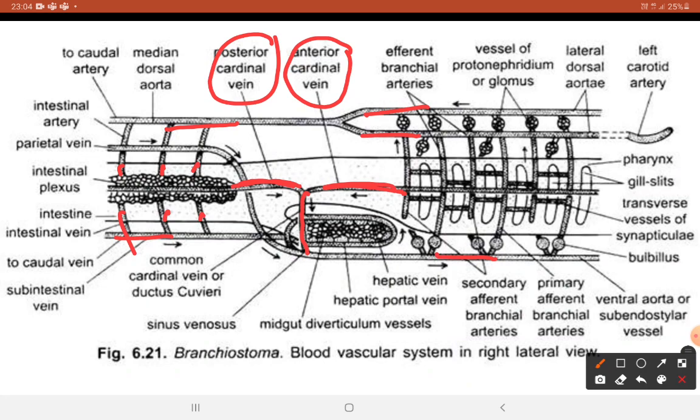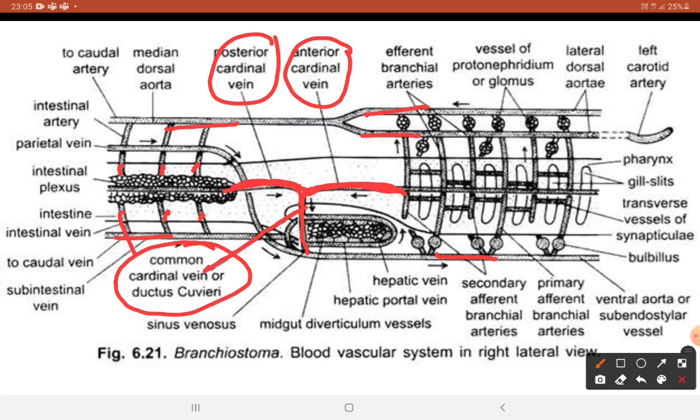Now these two unite to form one major blood vessel, which is called the common cardinal vein or ductus cuvieri. Here it is labeled as common cardinal vein or the ductus cuvieri. So how is this ductus cuvieri formed? It is formed by the fusion of the anterior cardinal and the posterior cardinal.